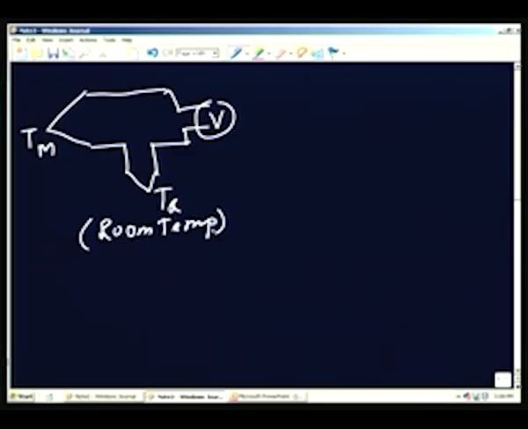We know from our very earlier discussion of the law of intermediate temperatures that the output V now will be the output with Tm with respect to 0 degree Celsius. That means that the voltage which would be indicated in the previous case, minus the voltage between TR and 0 degree Celsius.